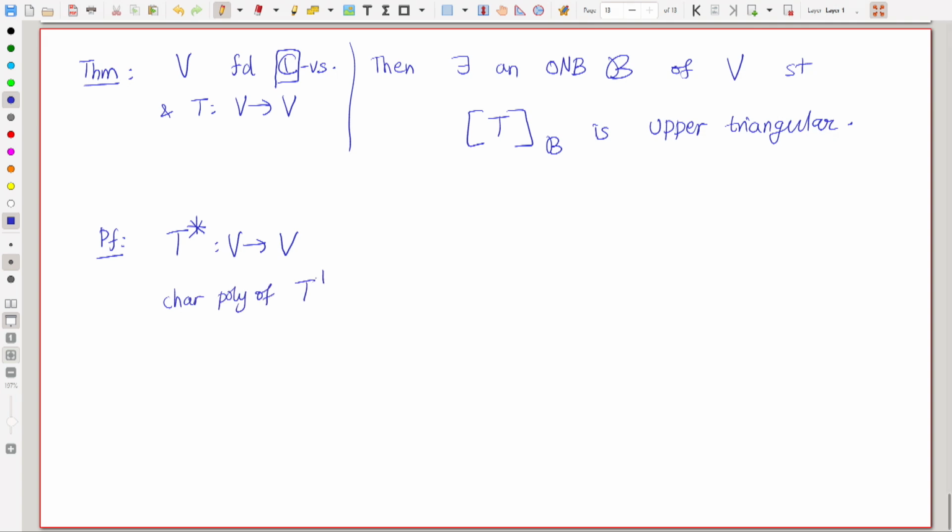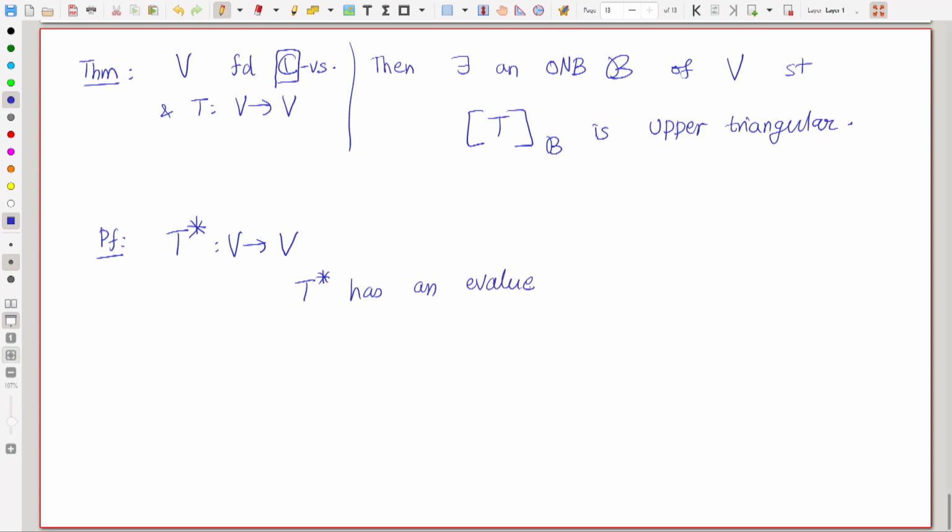It is going to be some polynomial of some degree n, but we are now working over the complex numbers. So that characteristic polynomial has at least one root. It in fact has all roots in the complex numbers. So it has at least one eigenvalue. That is basically our point. So T star has an eigenvalue, because I am over the complex numbers.